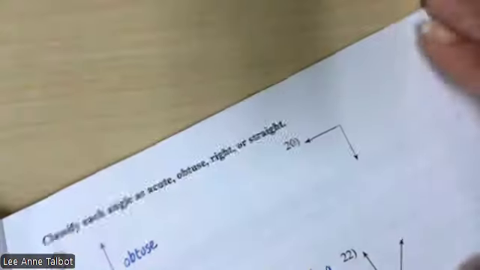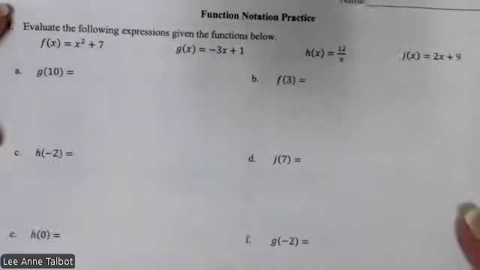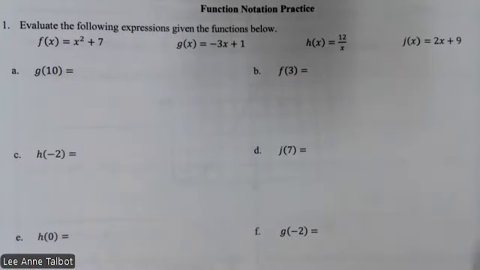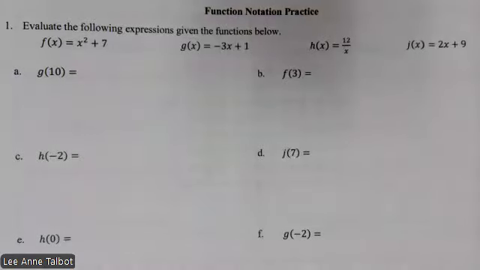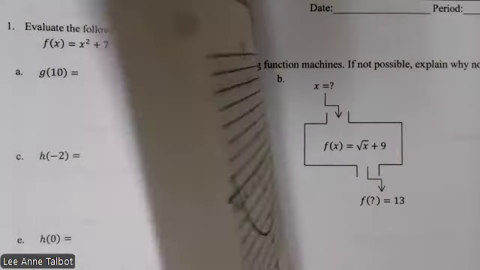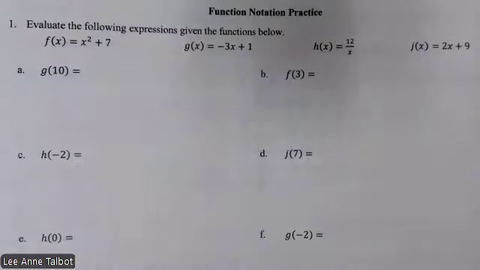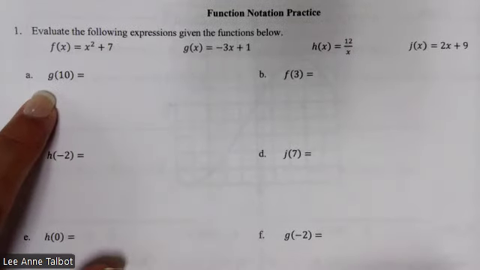Okay, so let's find the first one. It's called function notation practice. All right. A, g of 10.